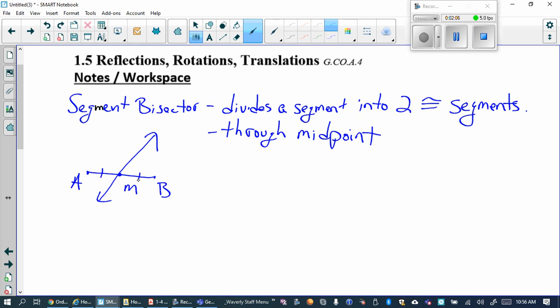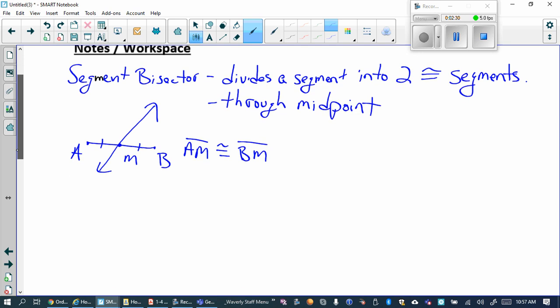Those little marks I just made are congruent marks for segments, okay? You've seen those before? So we can say that segment AM, with the little line above it as the symbol for line segment, is congruent to segment BM, if that's a segment bisector, okay? We got that?